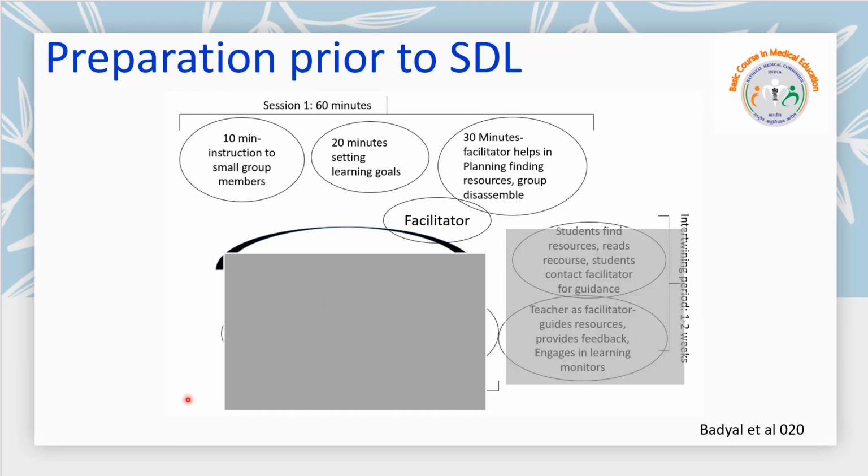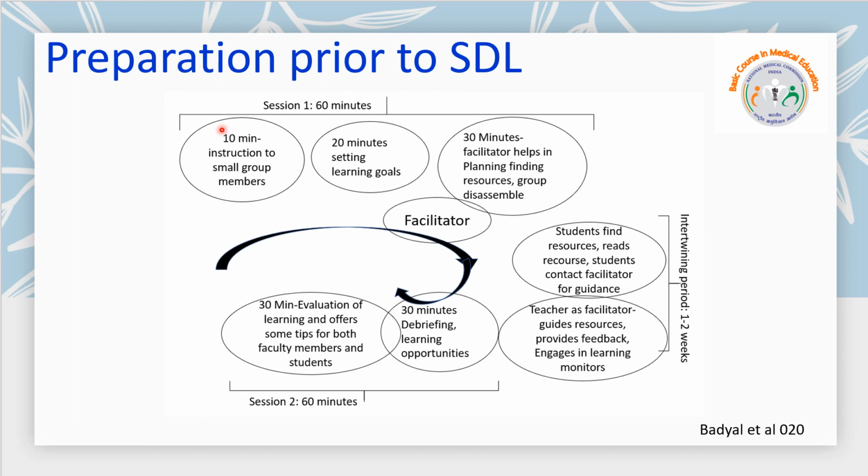So here we could see that ideally there will be two sessions. First session, say it is a Monday. On a Monday, we have a 60-minute session, for the first 10 minutes the instruction to the small group members. What are the groups and who will study together?